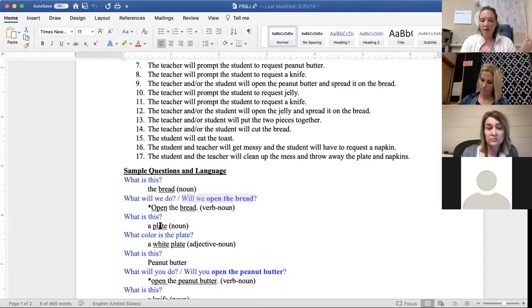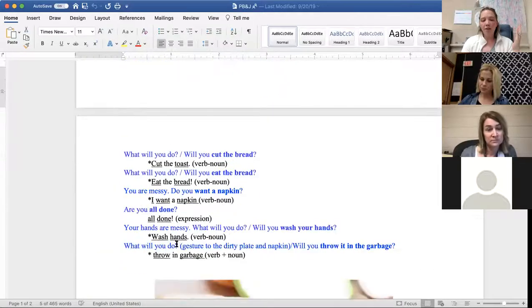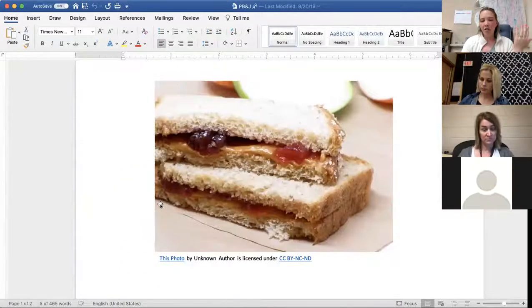And so then I go in and I underline the words that I want them to say, like the articles, where that's somewhere else. So then I go through and I write all of that, and having a picture so that I can show them the picture to show them what we're making today.